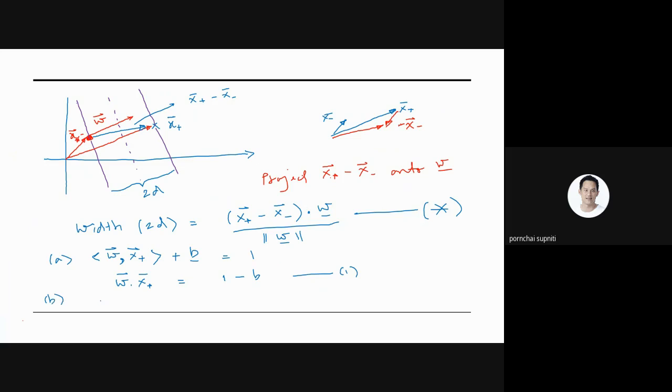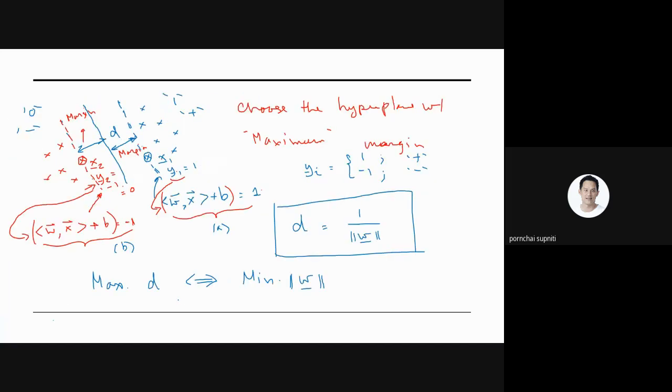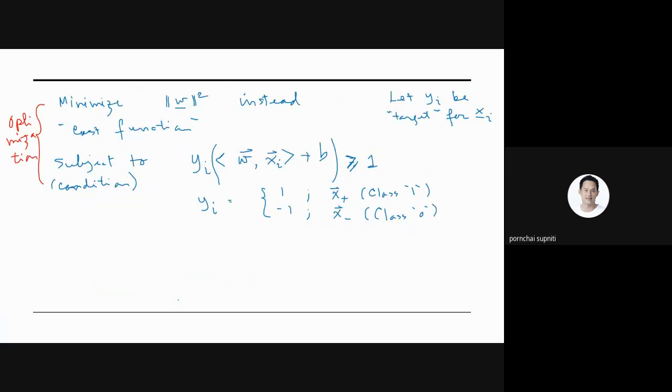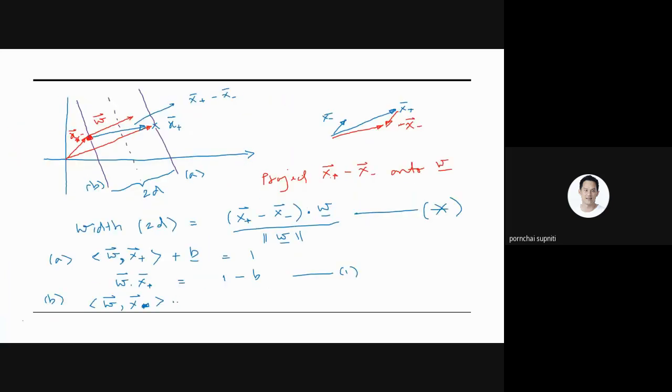Similarly, for the line on the left, so A is this line, B is this line. I can write it as W x minus plus b equals minus 1.